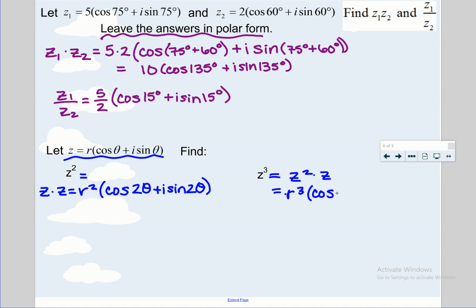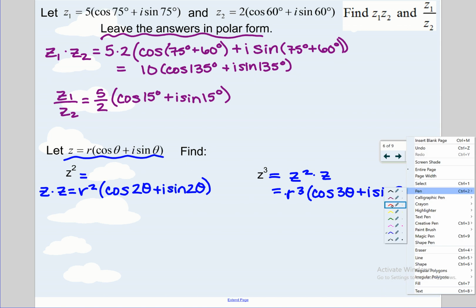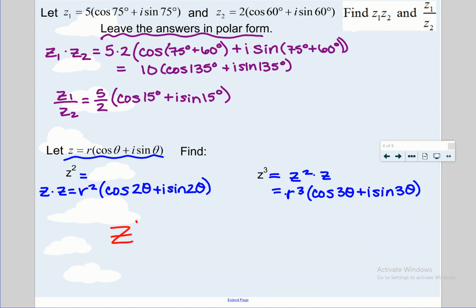And then cosine, I'm going to add their angles together. 2 theta and theta. If I add 2 theta and theta, I get 3 theta. Okay, are we sensing a pattern yet? So if I said, tell me what Z to the nth power is, what would you write? Go ahead.